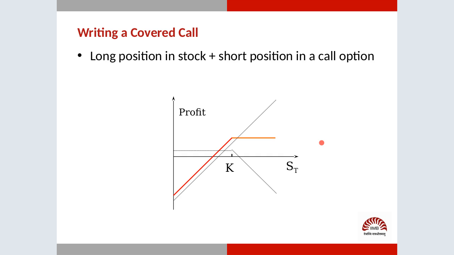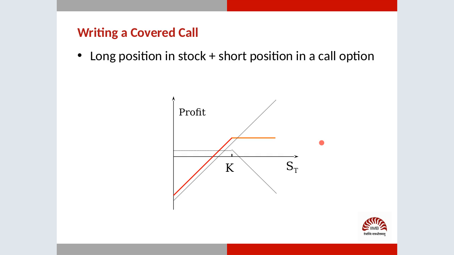Now, the next part of the question is, how did I get the red line? I drew the two dotted lines, and then for every point I added the payoffs from the two dotted lines. This is what I end up getting. So realize in the below K part, what happens?